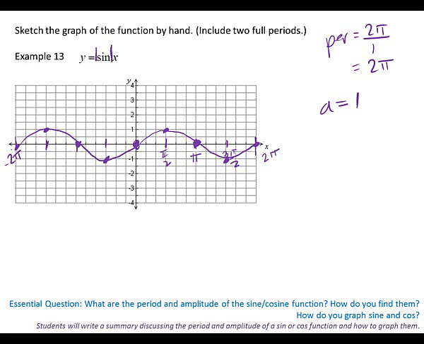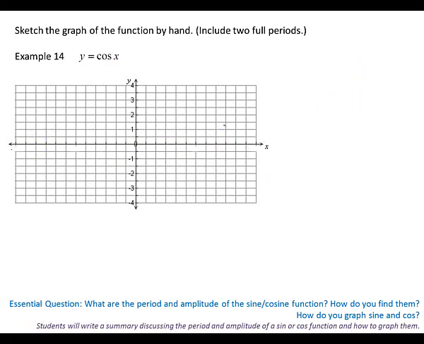Okay. So that's your basic sine. All right. The idea is get your scale on there first. Mark your 4 spots, okay, in between. I draw my scale on my graph first, and then I draw the graph.